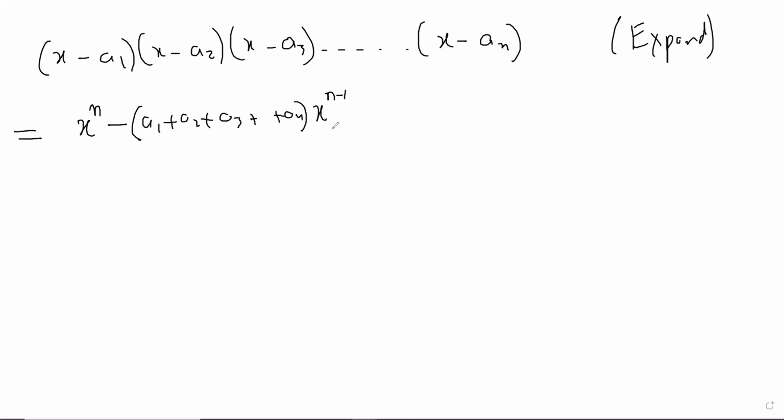Essentially, we have these boxes, and you're going to choose x from n minus one of them, but from exactly one of them, you're going to choose a constant. That's going to come with its sign. Okay, and now what should be the second term? We understand the sign should be plus because two minuses will do.